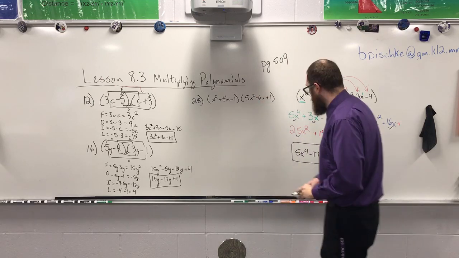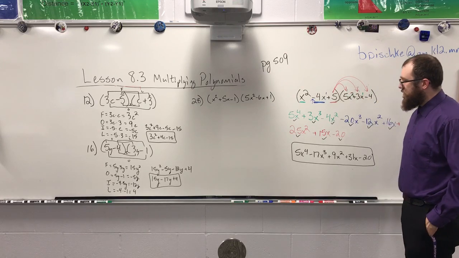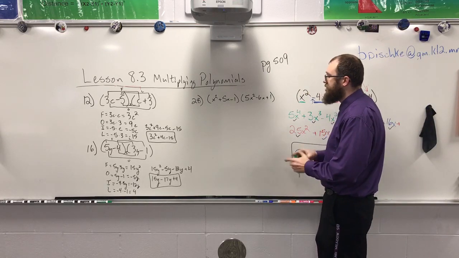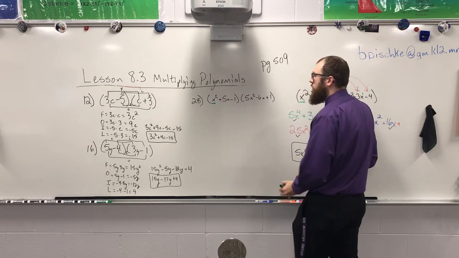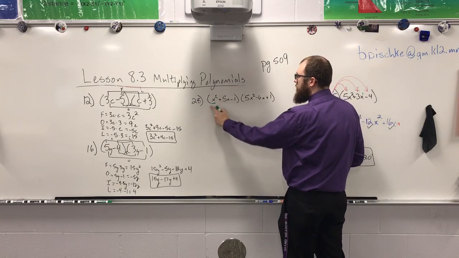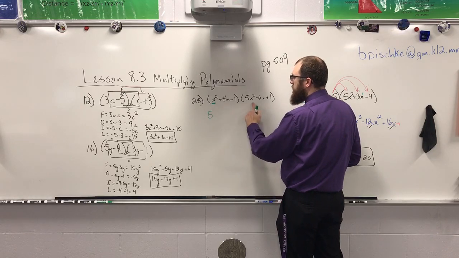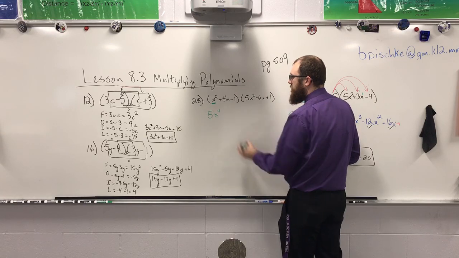We're going to do this the exact same way, distributing through the first one into the second one. X squared times 5x squared. Coefficient times coefficient, 1 times 5 is 5. X squared times x squared, add the powers, x to the 4th.